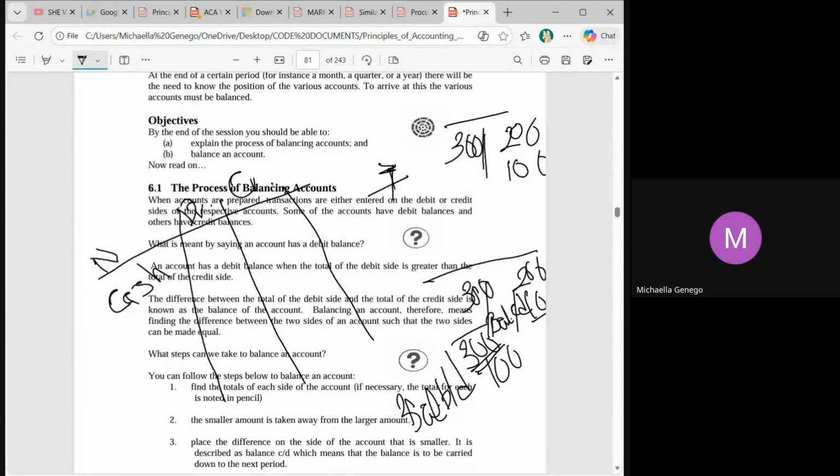Please, are you getting it? Yes, madam, we are there. So the analogy behind the trial balance is as simple as this.